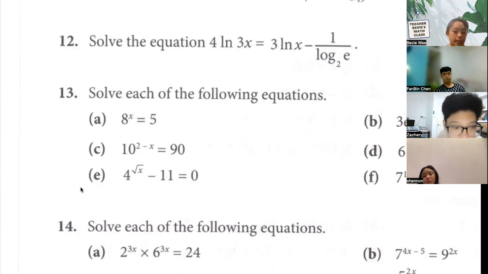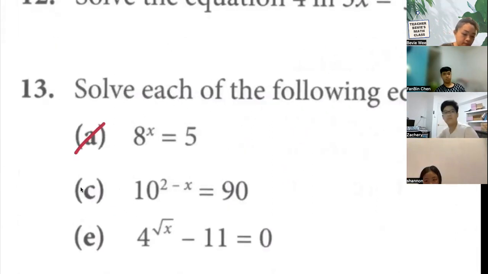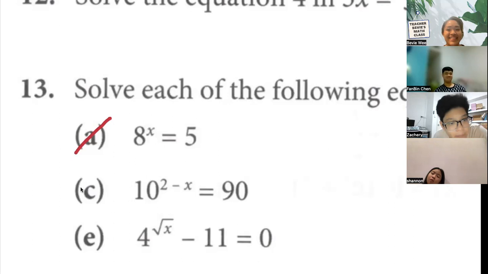You're talking about 13a, right? Moment. Shannon, what will you do? Don't do, just leave it. Yeah, that's what Zachary would do.